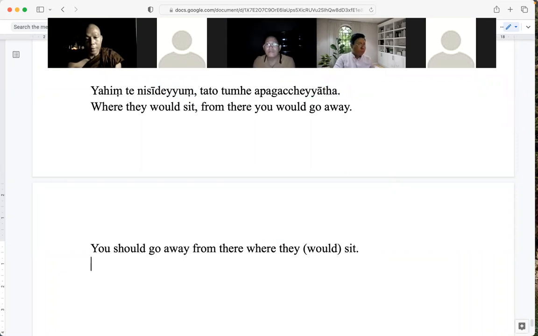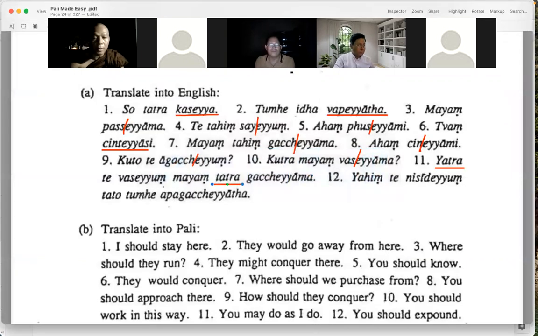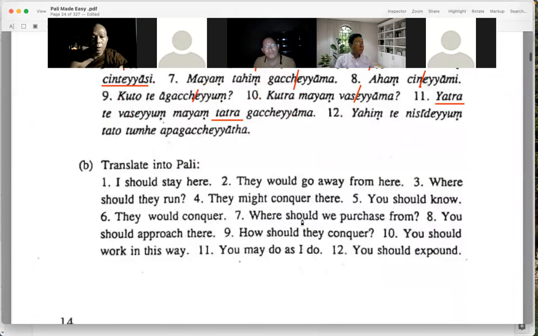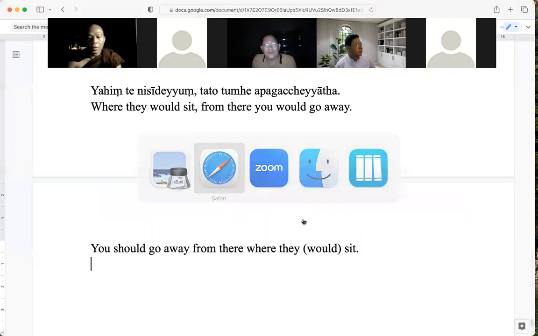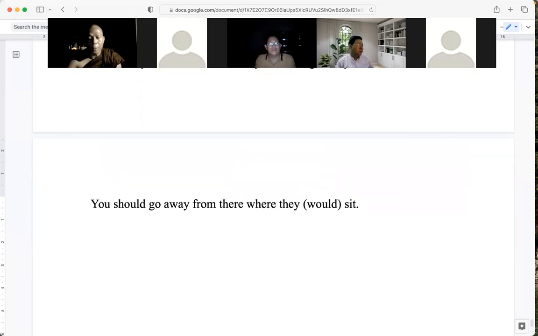Okay, now we finish doing the exercise, translate into English. Now let's move to exercise B, translate into Pali. So I should stay here. First person singular, right? I should stay. So here also, when you translate into Pali, I should stay here.